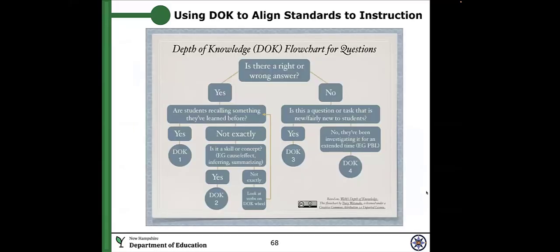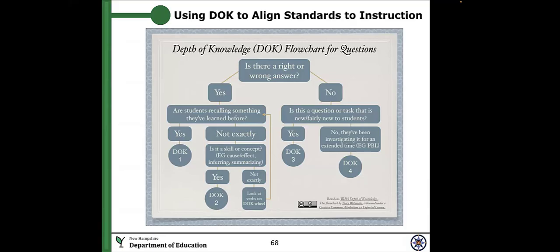I also really liked this one. We've used this in the past with a depth of knowledge webinar. It has a lot to do with multiple subjects, but I really like it for math because of the question: is there a right or wrong answer? We always think of math as having one right answer and wrong answers.